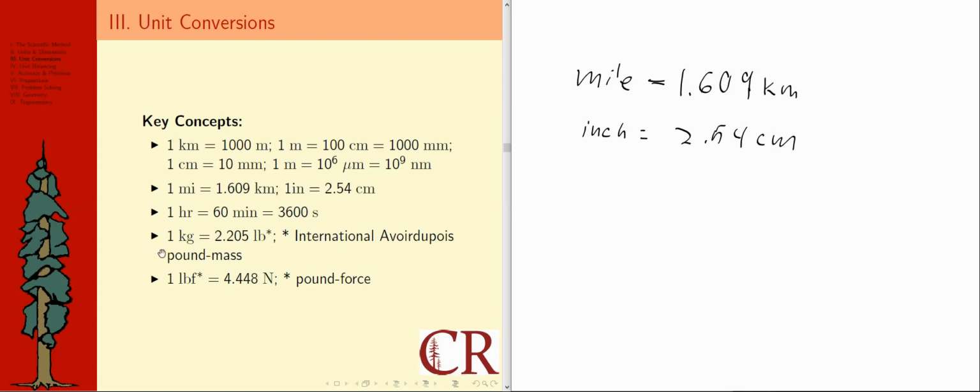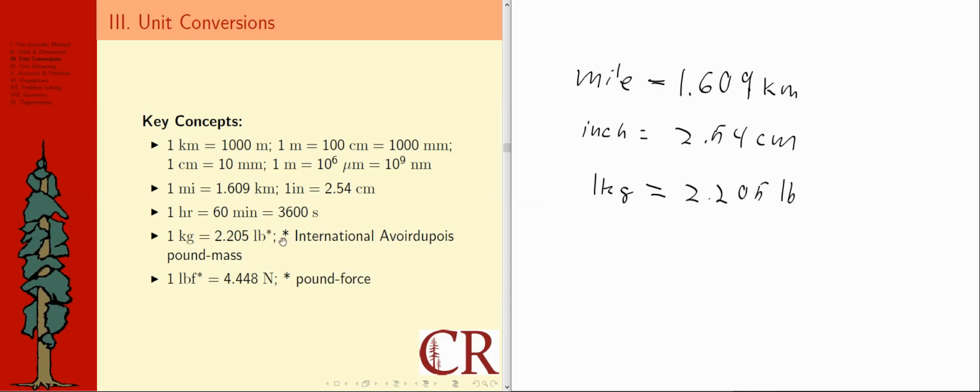And then there's a bit more of a story that I think is going to come in with the pound, which is a commonly used unit in everyday life. And so that's why I have two things written here. One of them is saying that 1 kilogram is equal to 2.205 pounds.